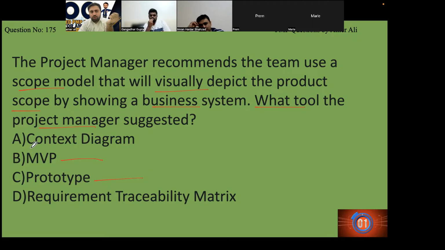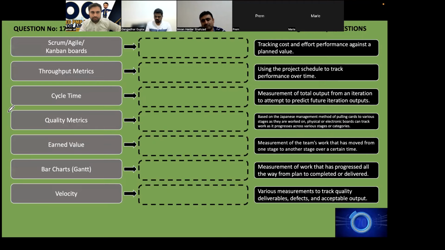Requirement estimate matrix, context diagram. The definition of a context diagram is a visual tool that shows the process input, the process, and the output, and how they are linked to each other. That is the definition of the context diagram. Okay, A is the right answer.